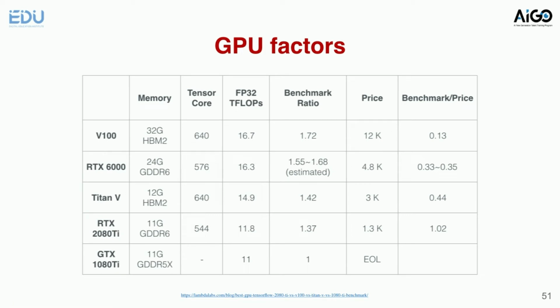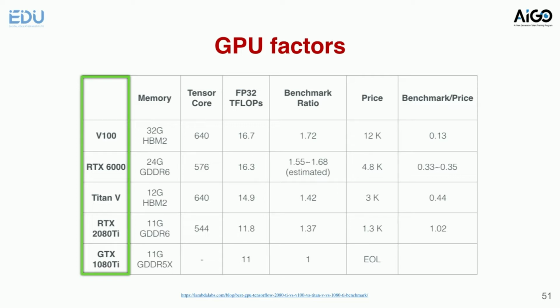Next, we will look at the GPU factor. We have listed many kinds of GPUs which we can buy in the market. The V100 is the highest-level GPU we can buy in the market, and most data centers use the V100 as their facilities. And the second is the RTX 6000.